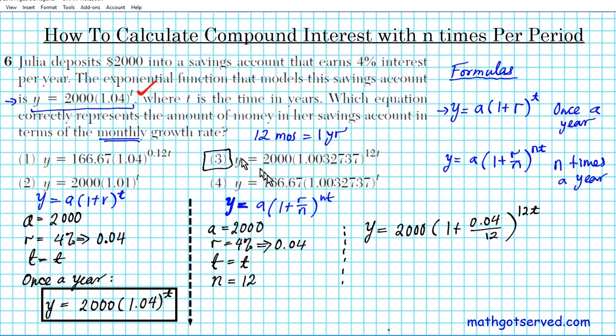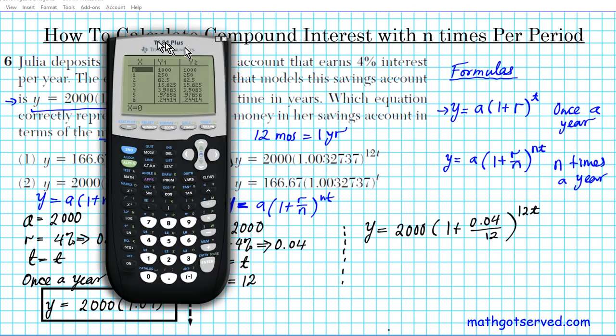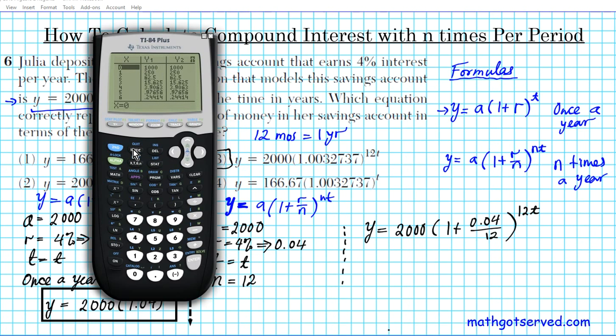But let me put it in the calculator, and then you can see how it simplifies. This component that's been exponentiated can be simplified using a calculator. So let's do that. We're going to have 1 plus 0.04 divided by 12.